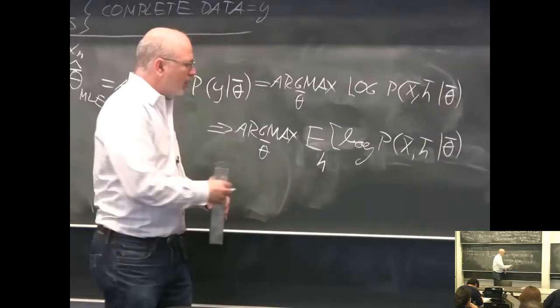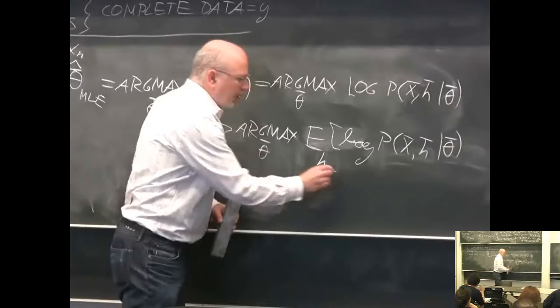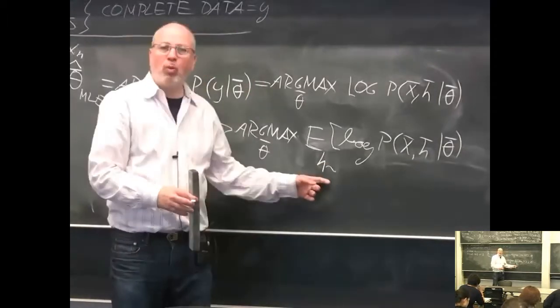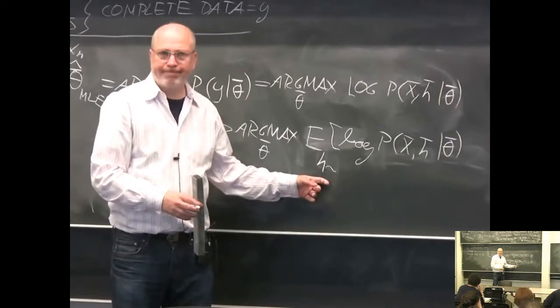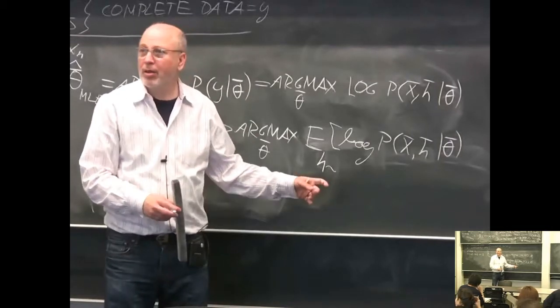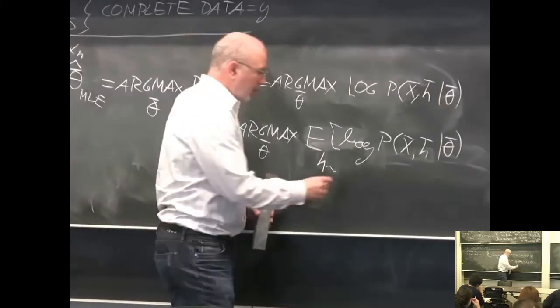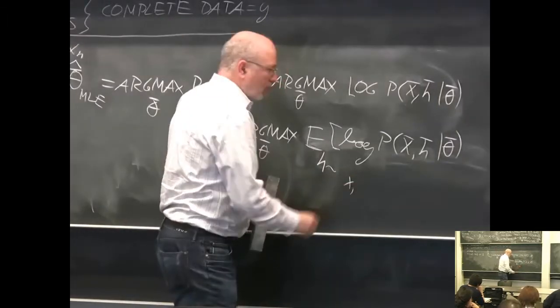Okay? So how is h distributed? Namely, what weight should we give to every possible value of h? What does the value of h depend on? It depends on x for sure. Right?